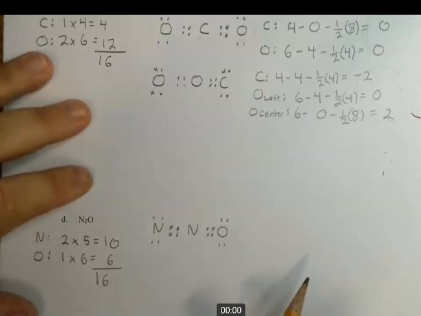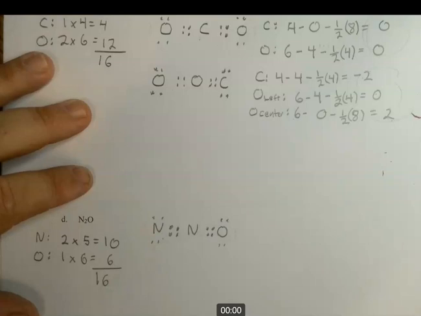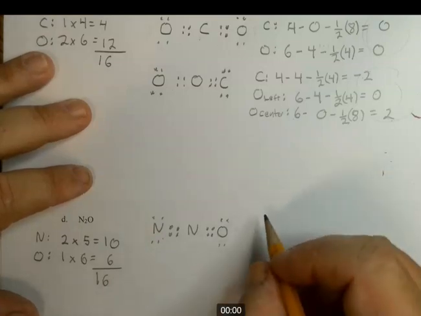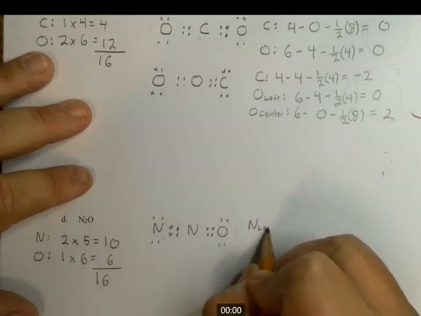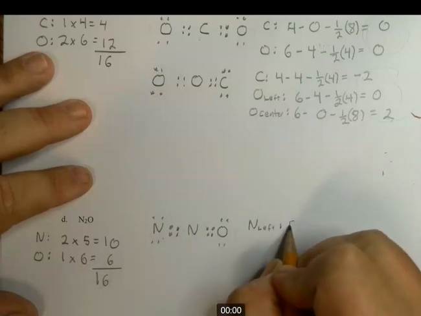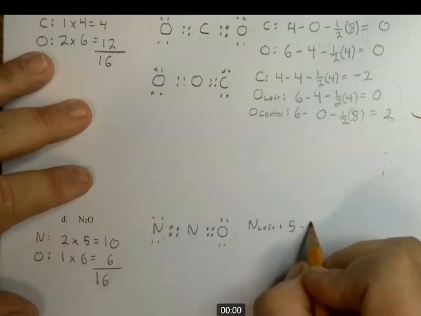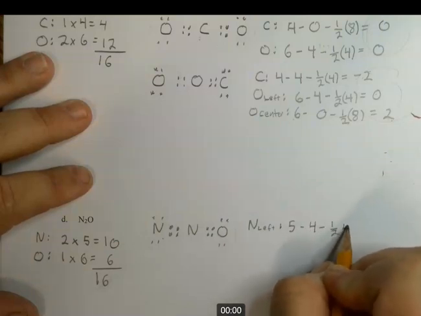So now let's check the formal charge on this. So again, we have a nitrogen left and a nitrogen center because they're not exactly the same configuration of electrons around them. So we're going to do nitrogen left, and nitrogen has 5 valence electrons. There's 4 of them here that are non-bonding, and half of the other 4.